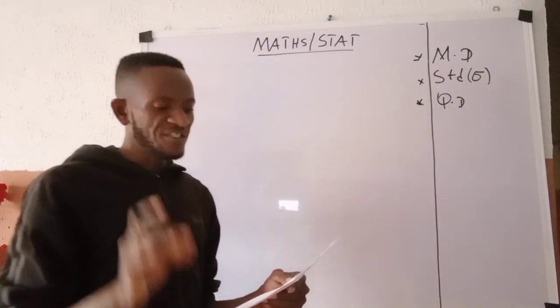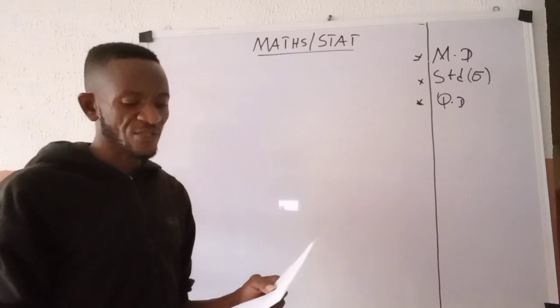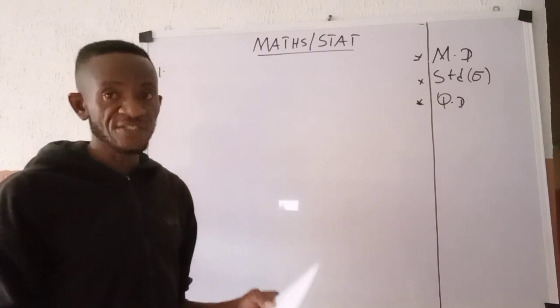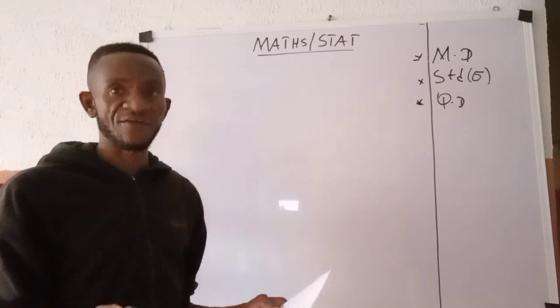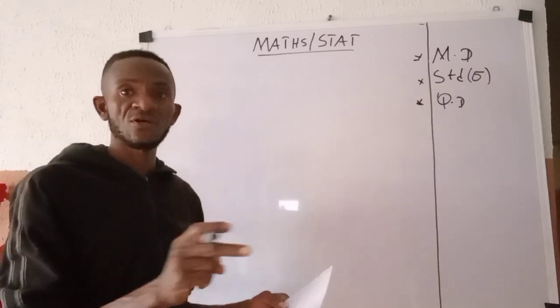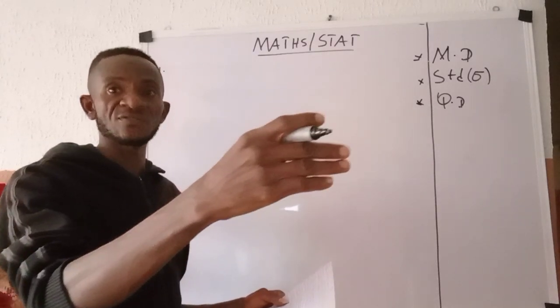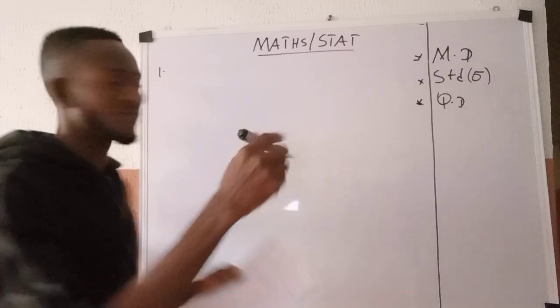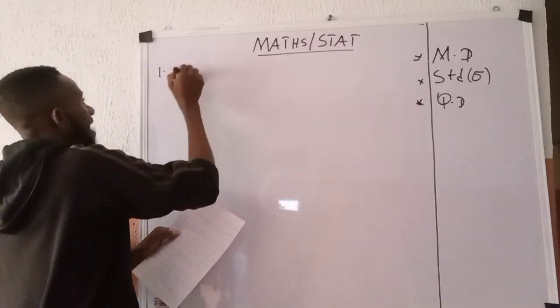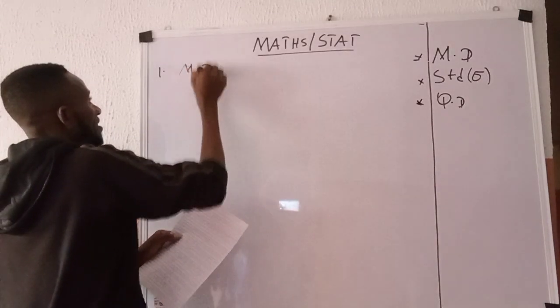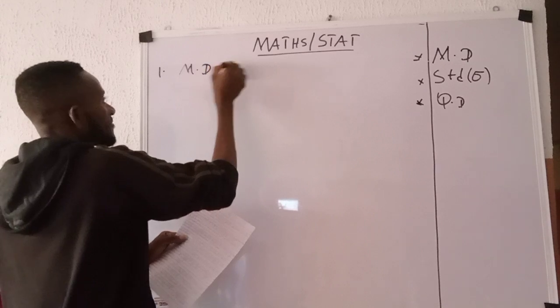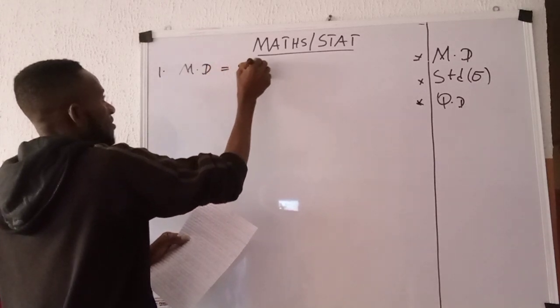If the mean deviation of a set of observations is 8.5, so we now come and write that M.D. of a set of observations equals 8.5.